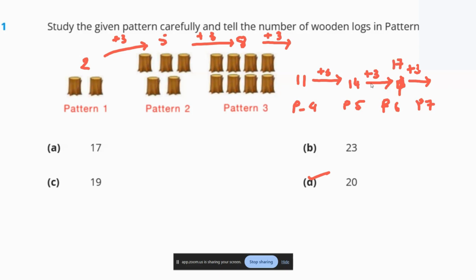If you add 3 to 14, you will get 17. And if you add 3 to 17, you will get 20. So your 20 logs will be present in pattern number 7. So option number D is our right answer.